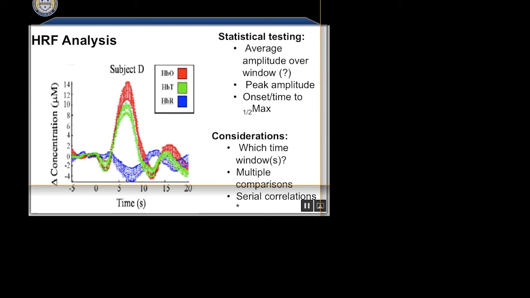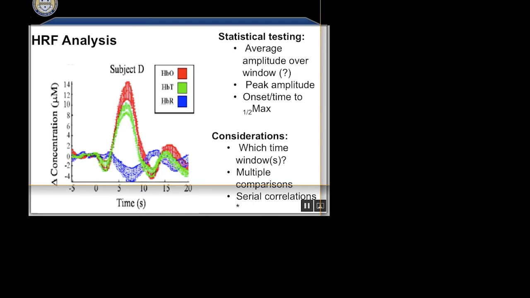This means the error bars at this point are not independent of the error bars at this point, because you had this slow noise moving through the data. So taking a window of time, you might have, let's say, 100 time points within this window, but you don't actually have 100 degrees of freedom. You have to somehow correct for that to get your statistics right, because otherwise you're underestimating the noise, or overestimating the degrees of freedom.